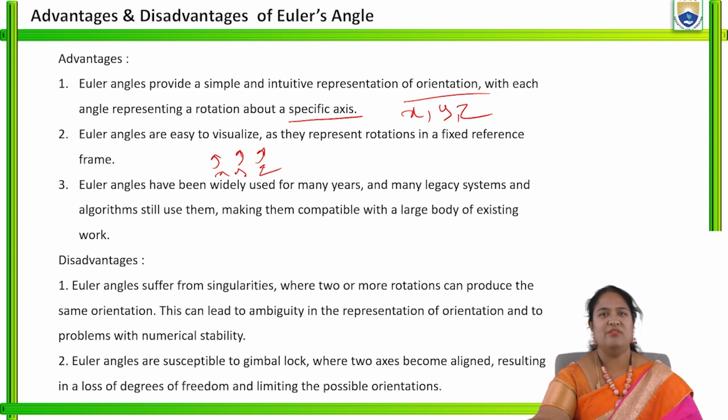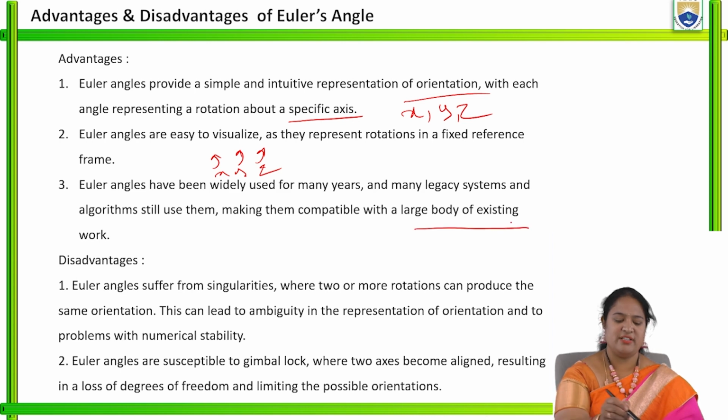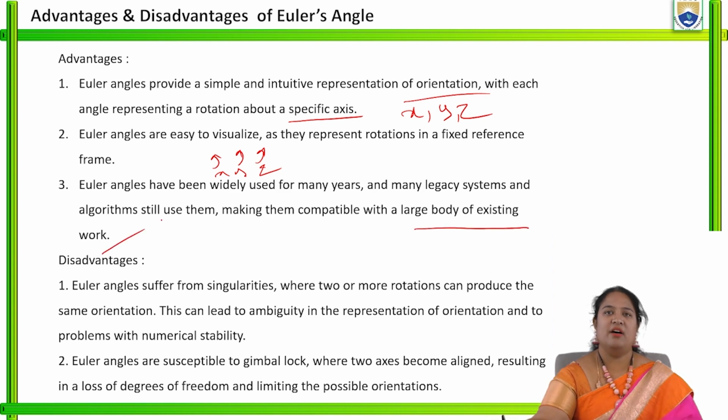Coming to the third one, Euler angles have been widely used for many years. This type of system is still being used in a large body of existing work. That is, Euler angles are very compatible with a large body of existing work.